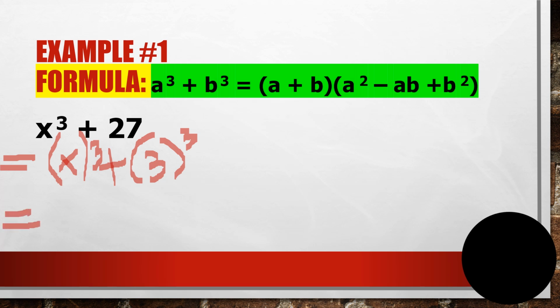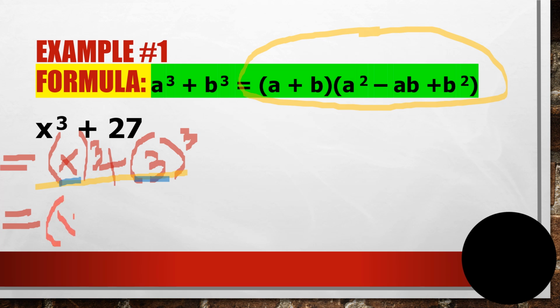Now, if you already have this, then we can apply the rule. This one will be our A, and this is our B. Now A plus B, we have x plus 3.